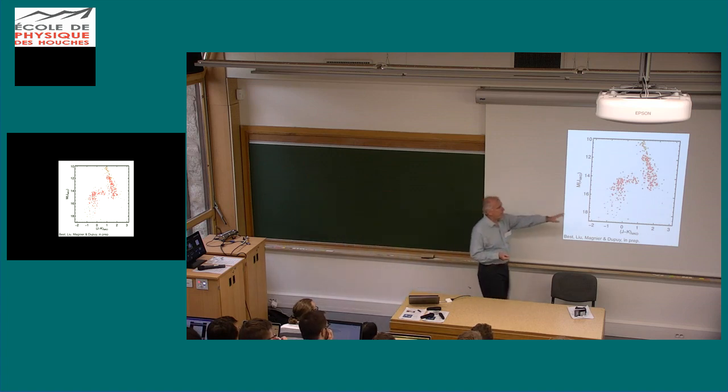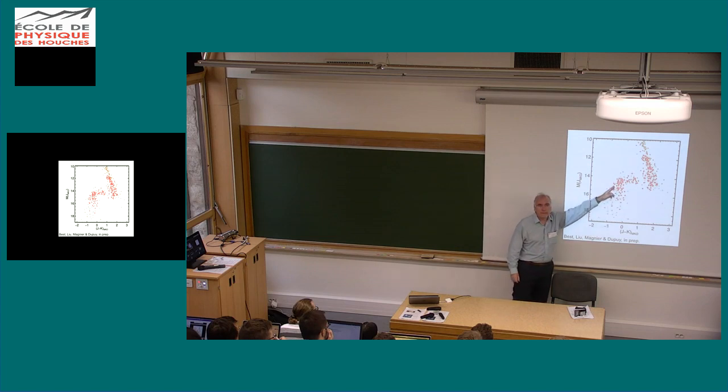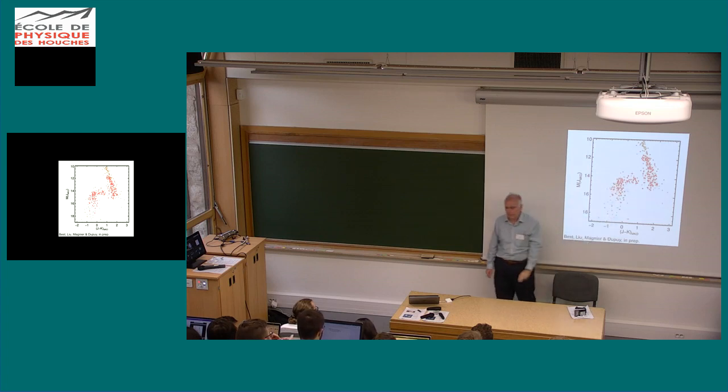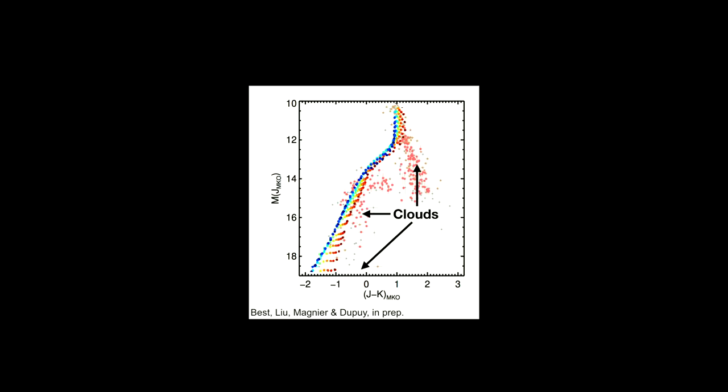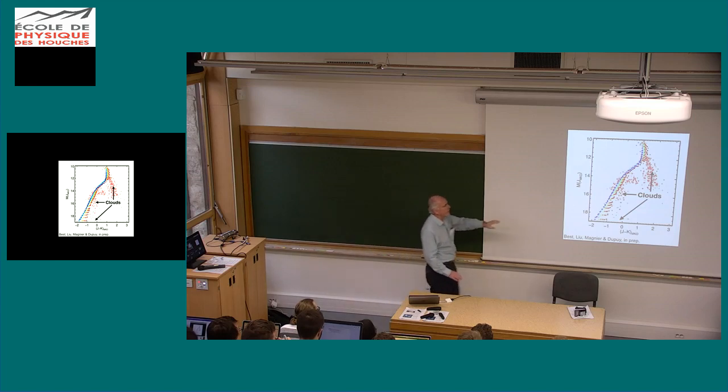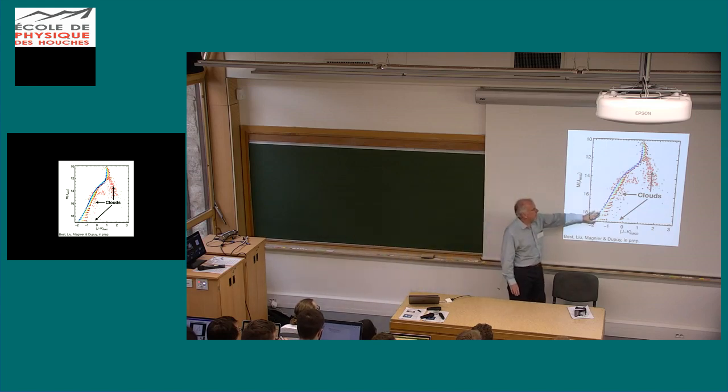And then there's this transition to the blue, where it turns out methane starts to show up in the near-infrared, and the clouds go away. I'll say more about that in a second. The brown dwarfs come across, and then they continue to cool off. So if we put up a sequence of cloudless models, these are our brand new cloudless models from my group, the colored dots, you can see that for the M dwarfs, you don't need clouds.